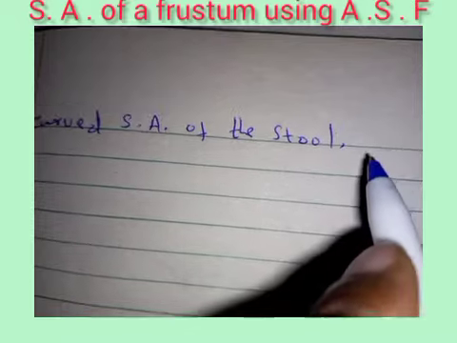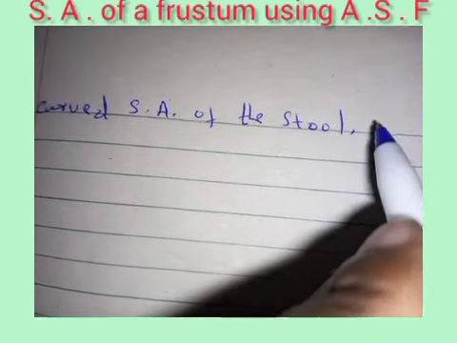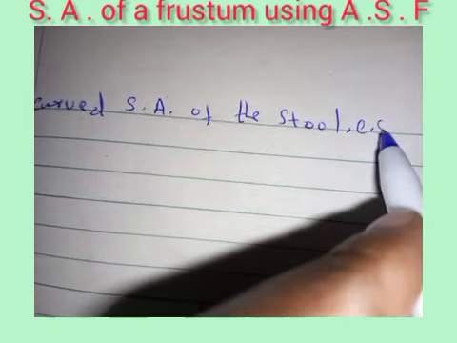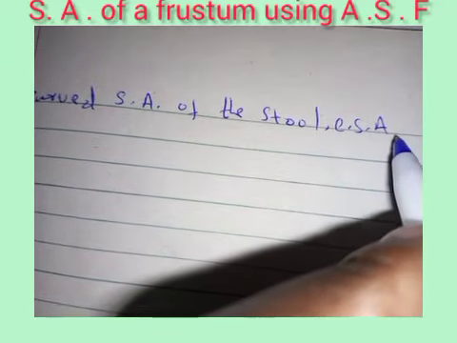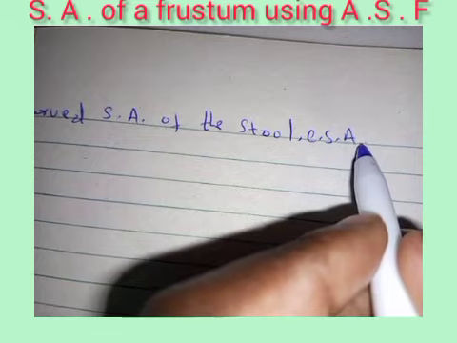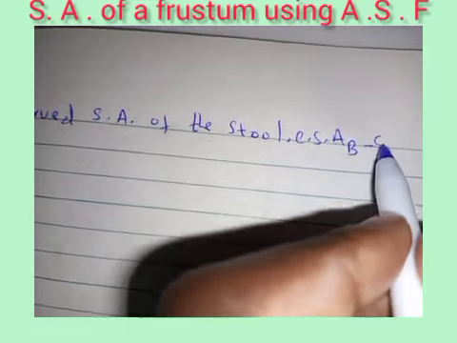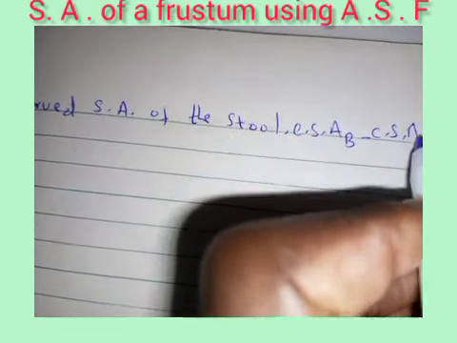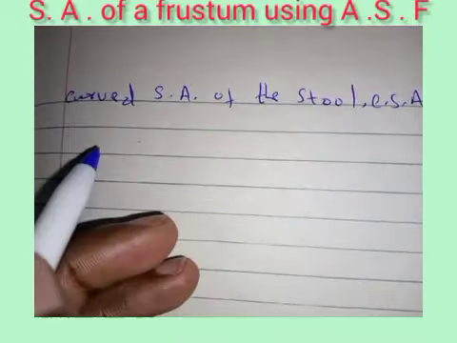So curved surface area of the two will be given by curved surface area of the big one minus curved surface area of the small.